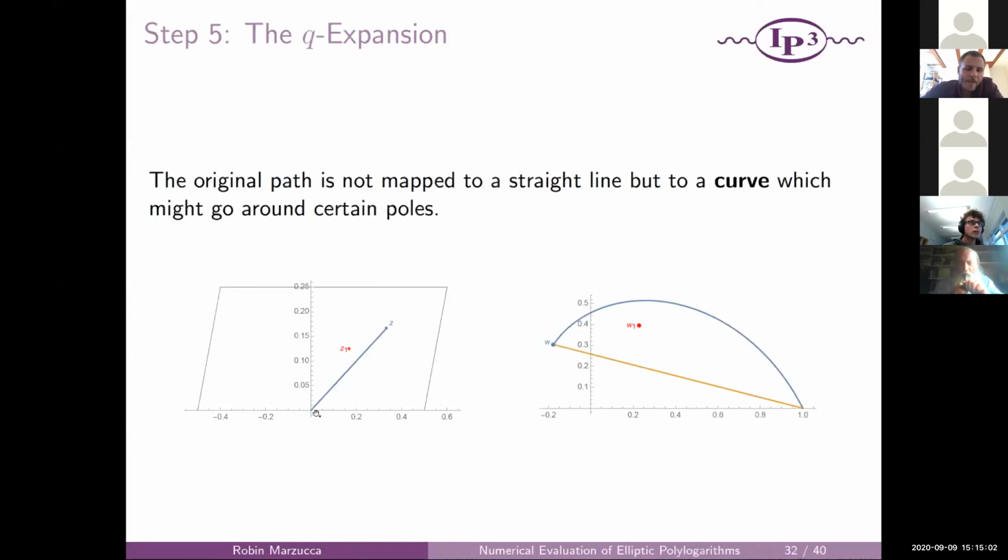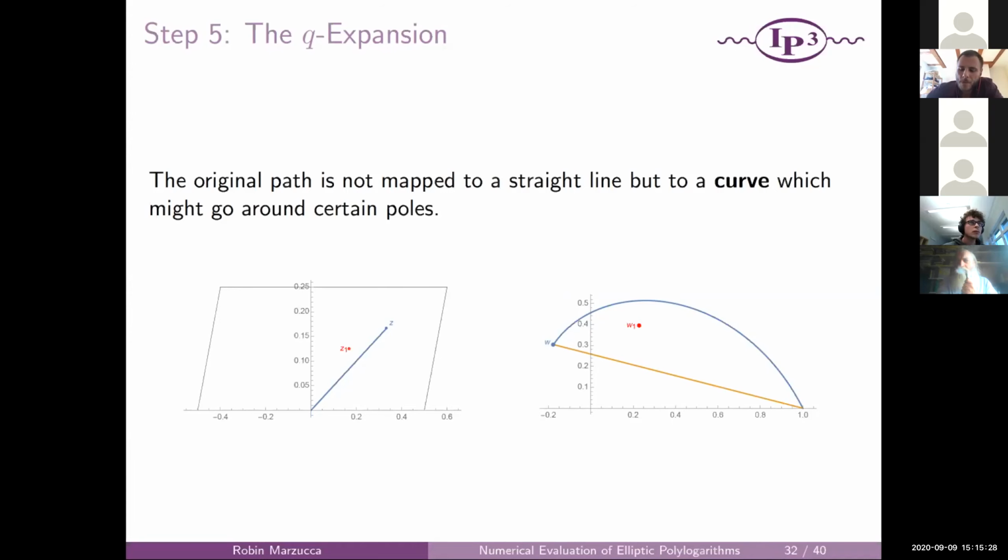What happens is in Z space, we have this integration on this straight line, which in W space gets mapped to this blue curve here. And this pole Z1 here gets mapped to this pole W1. So clearly we can't just integrate on the straight line path in W space, because then we would pick up a residue here that we need to consider.